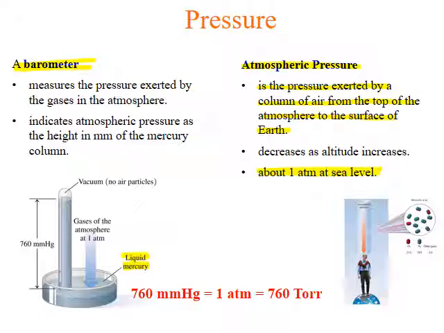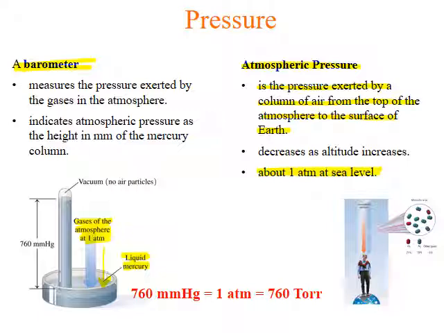If we fill this up with liquid mercury and then take a very thin capillary tube and invert it into this container, what would happen? The gases present in the atmosphere are going to exert pressure on this liquid mercury, which is open to air. And some of this liquid mercury, because of the pressure, is going to rise in this particular tube and reach a certain height.